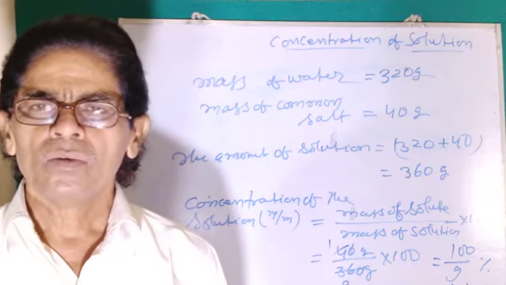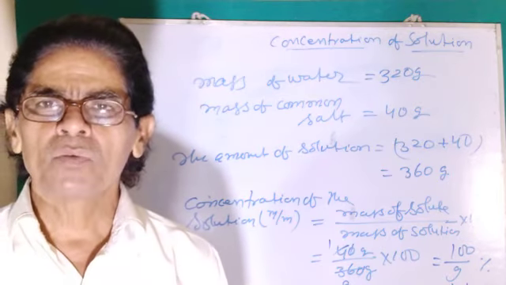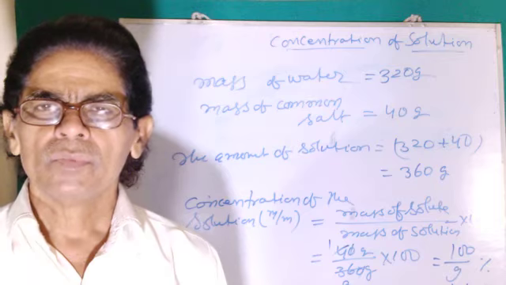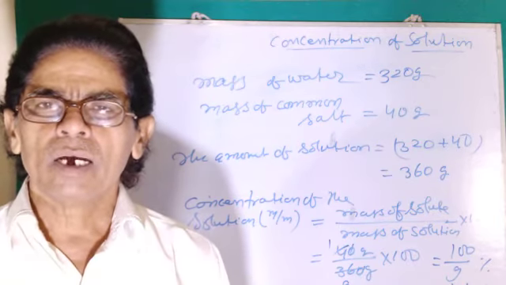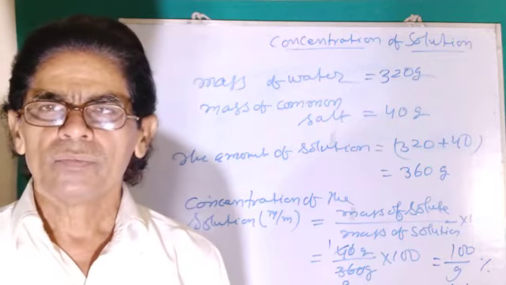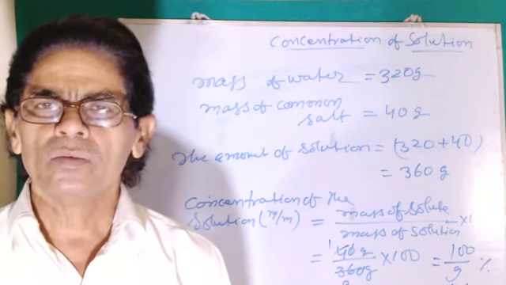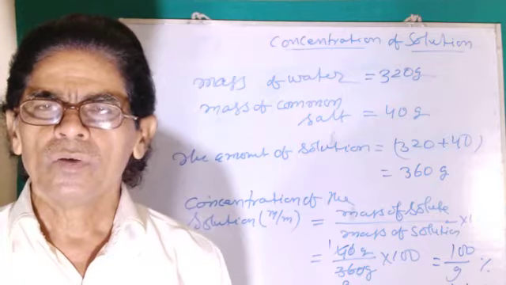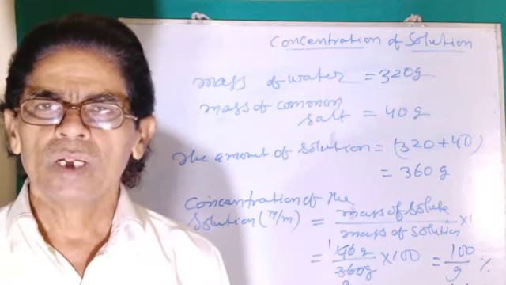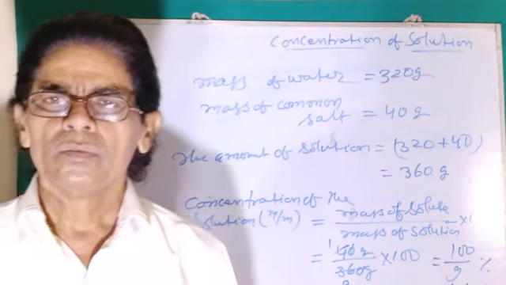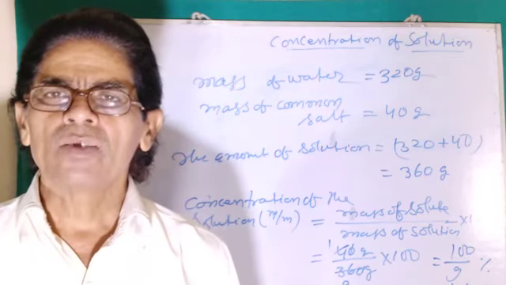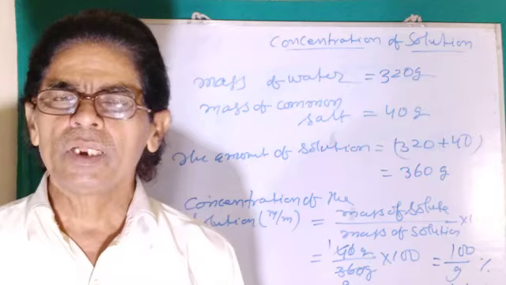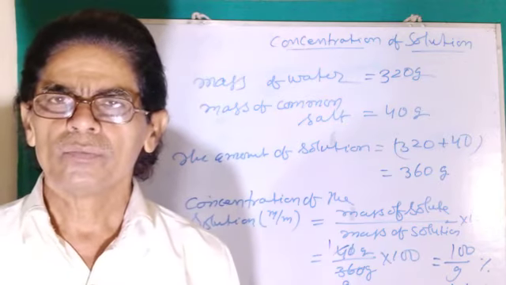So there are various types of colloids. The most common is the starch solution. When starch is dissolved in water, we get a slippery solution, that is the starch solution. It is a colloidal solution.